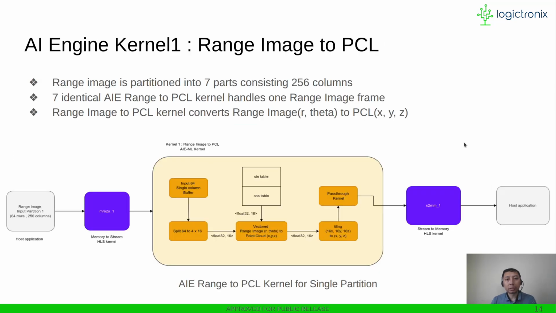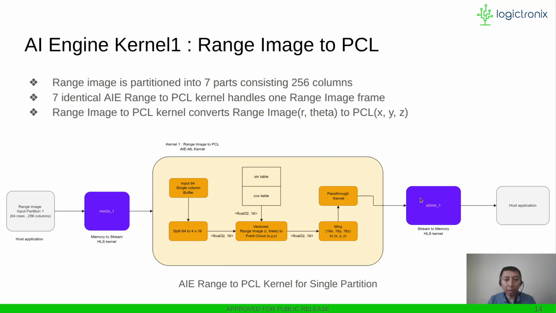Okay, so this is more detail on the processing pipeline in each individual AI engine kernel. Each range image is first partitioned into 7 parts consisting of 256 columns.